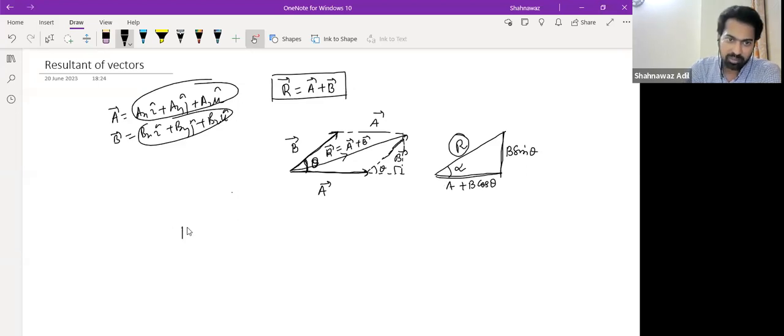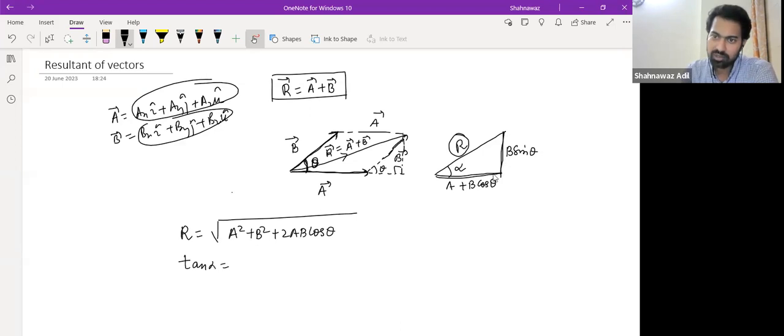When we apply it, we get R equals root of A square plus B square plus 2AB cos theta. And what is the angle? Tan alpha would simply be, so this is perpendicular, this is base. So what would be tan alpha simply?